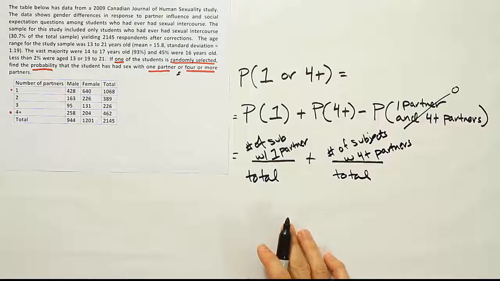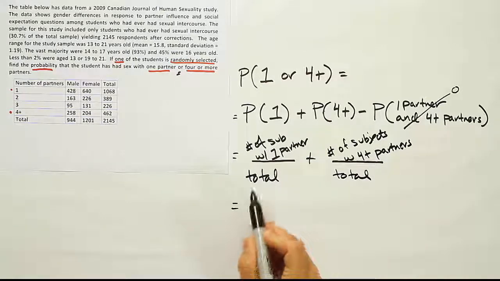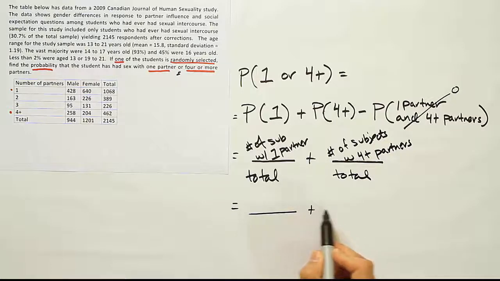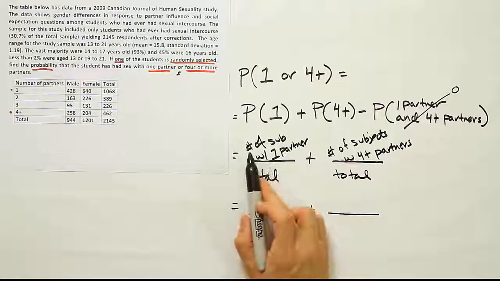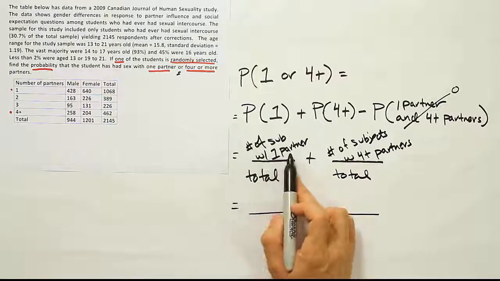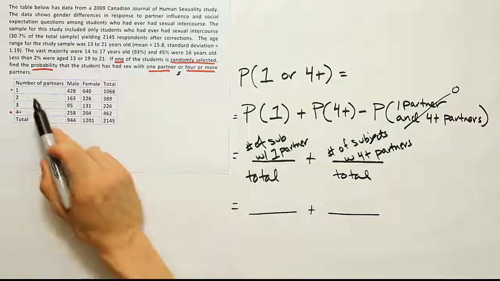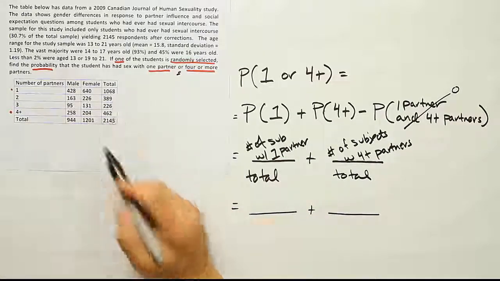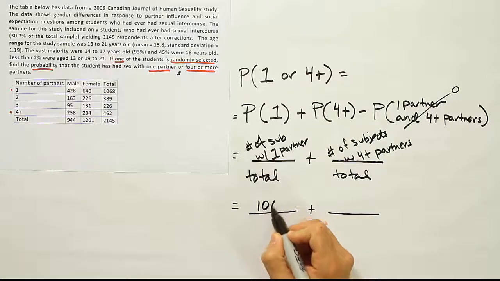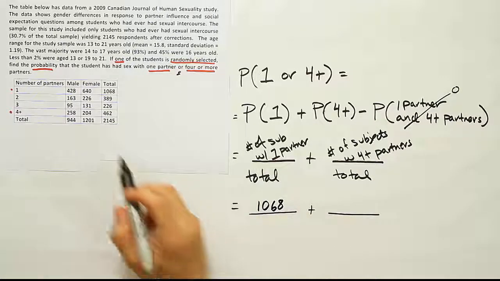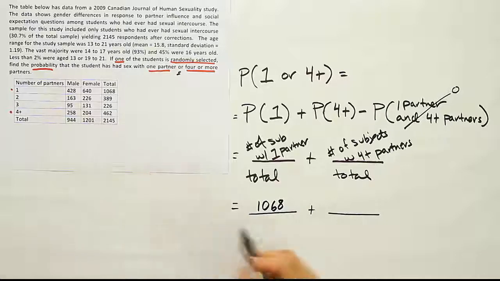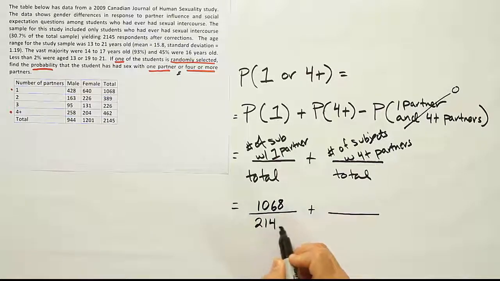Okay, and at that point, the final thing then is to simply fill in the numbers for our fractions. Let's start with this one, the number of subjects with one partner, not 1 or more, just 1. So number of partners 1, the total number of people in the study with that was 1,068. The grand total, the big denominator, is 2,145.